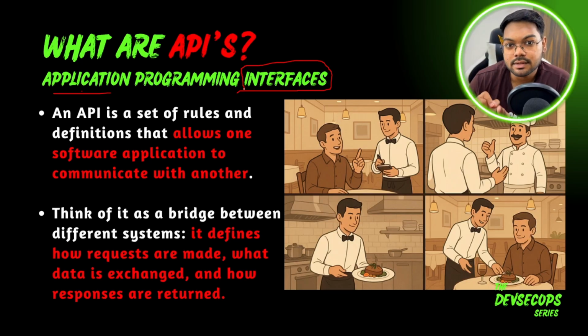The waiter lists that thing down as your order, then goes to the chef in the kitchen and tells them to make Manchurian and pav bhaji for you. After the chef makes your dish, the waiter brings it in his hand and serves it to you on your table. So that is the general flow we see in restaurants.